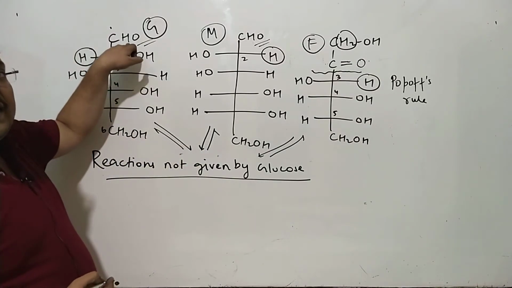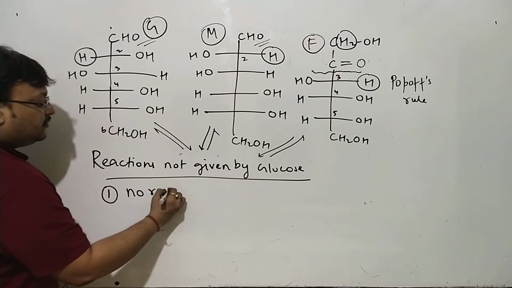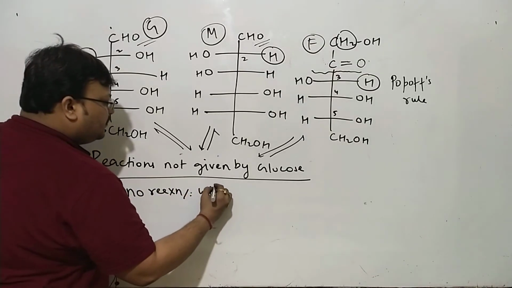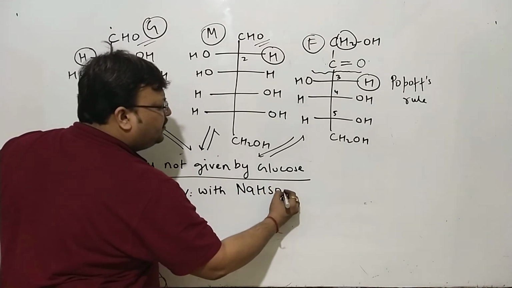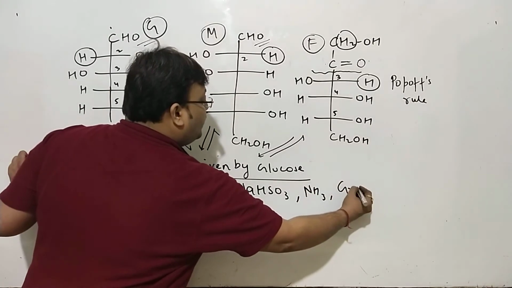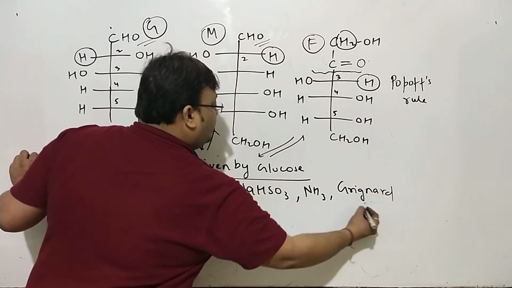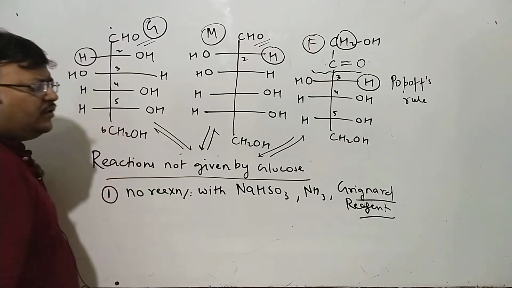As an aldehyde, it's supposed to react with sodium bisulfite. Sodium bisulfite addition is a very popular addition. Ammonia, Grignard reagent, it doesn't react with Grignard reagent, which is a very reactive compound.